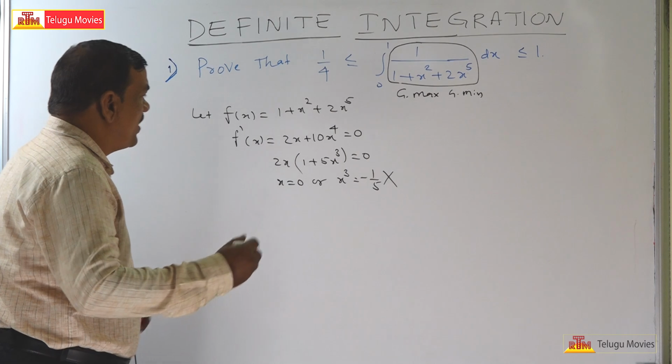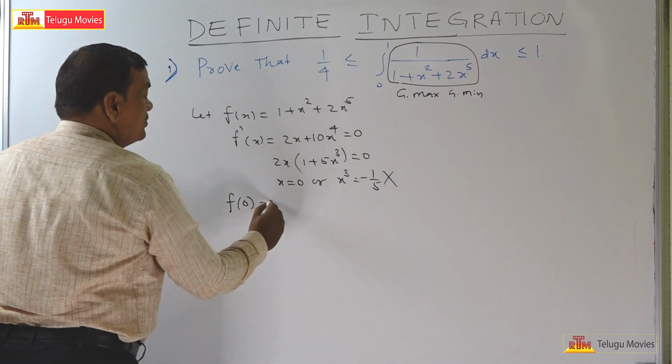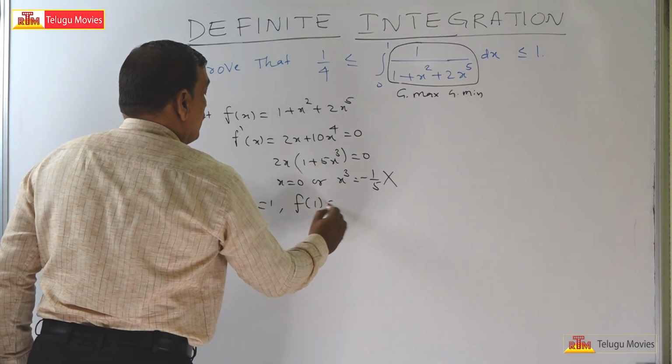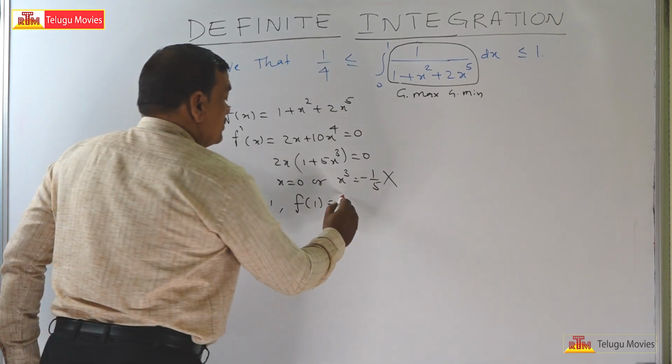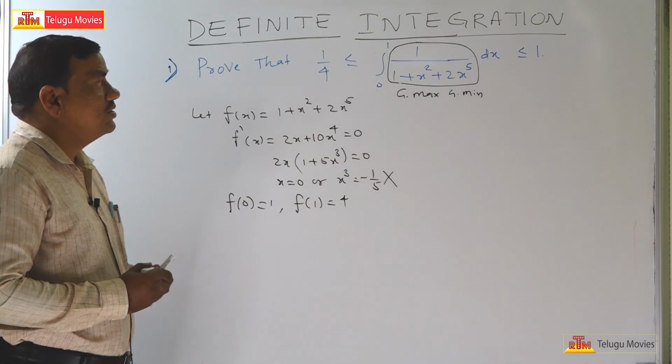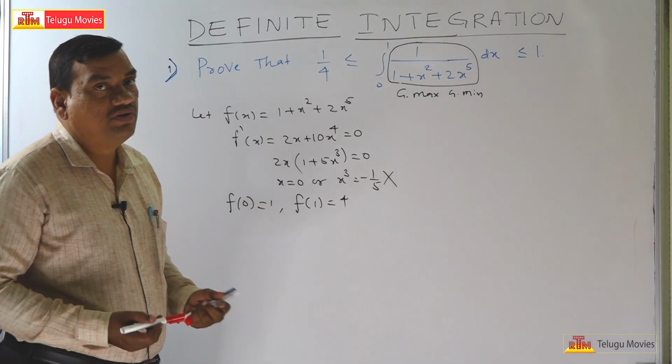Now find out f of 0. What is f of 0? It is 1. Find out the f of 1 value. What is f of 1? 1, 1, 2, this is equal to 4. That means, for this, the global minimum value is 1 and the global maximum value is 4.